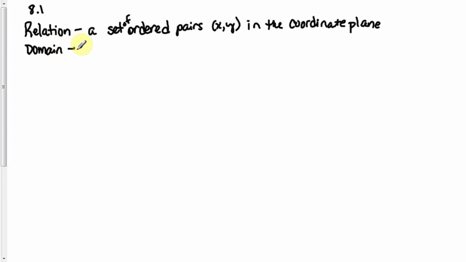The domain of the relation is the set of the first components, which are the x's. So it's the set of x values that are part of the relation. And the range is the opposite. So it's the set of y values.